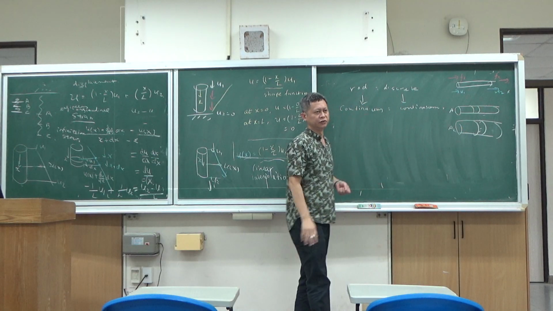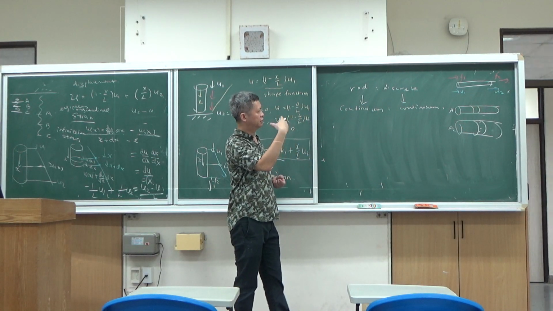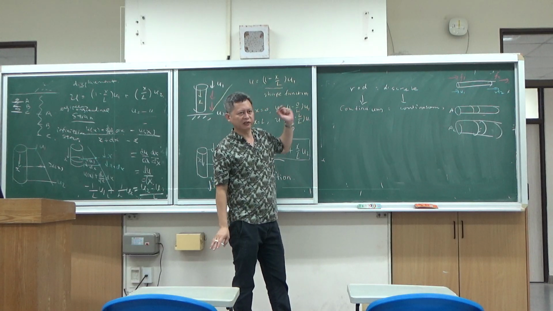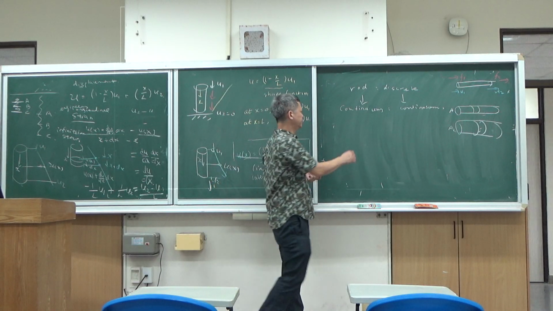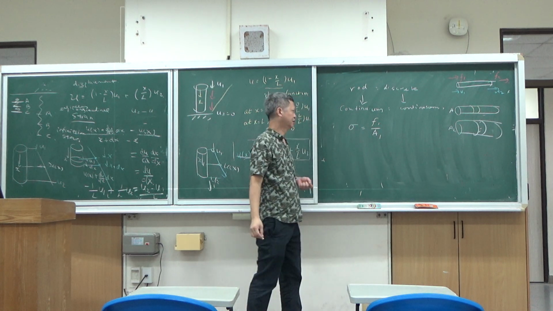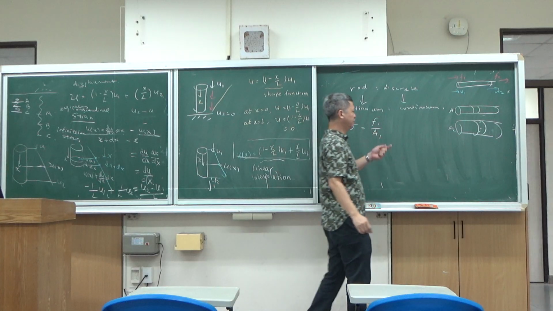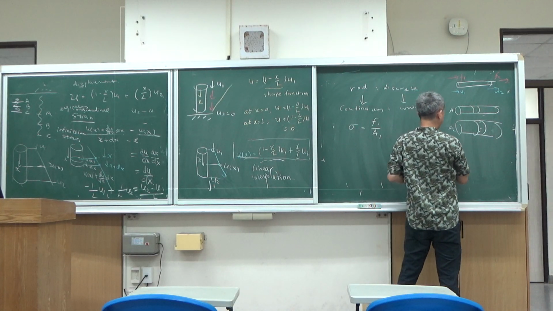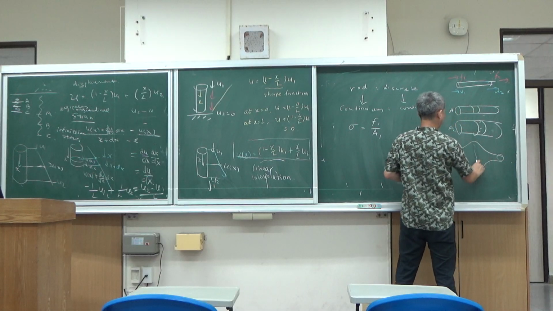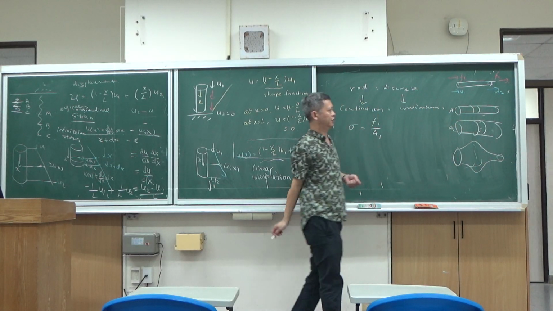So to describe the difference, I think force is not a good way. That's why we define stress. Stress is F divided by cross-sectional area. We now consider a uniform rod. It can happen that you have a non-uniform cross-sectional area.